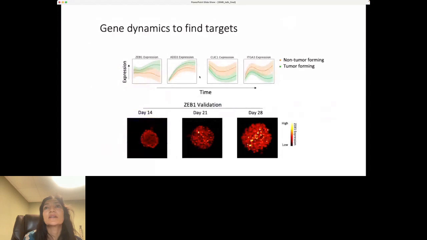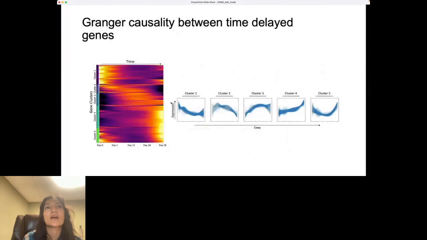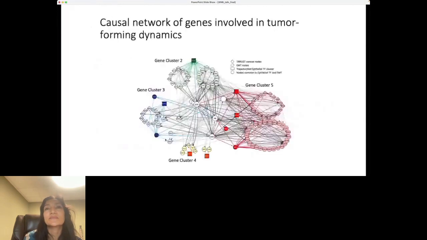So you could validate one or two or however many that you want with a time-lapse image in order to verify this. But the interesting thing is when we get these types of cellular trajectories, we also get gene trajectories that come along. So these are gene trajectories. These are genes that are on first, second, third in this set of cellular trajectories. And so we can create rich gene networks that are based on time-varying measures of causality, here using Granger causality.